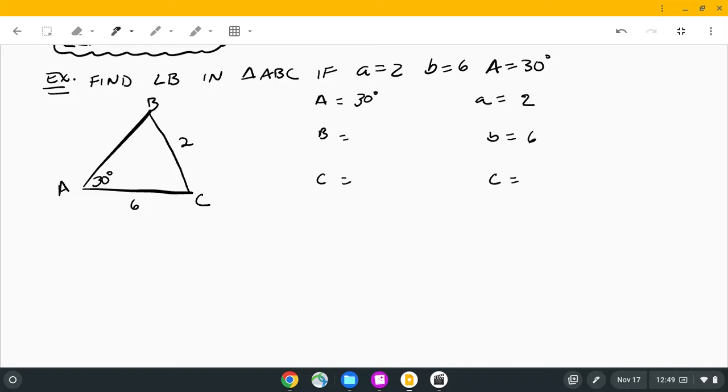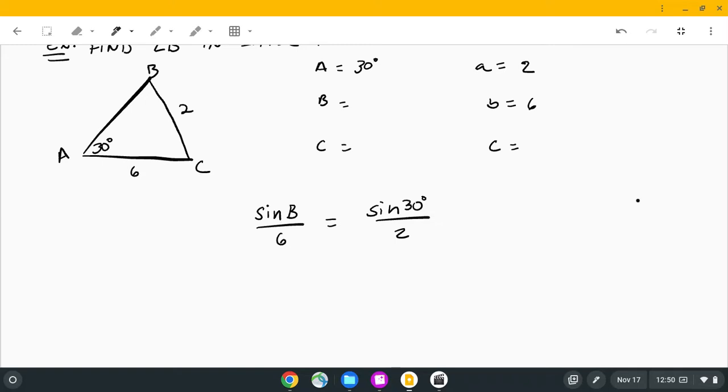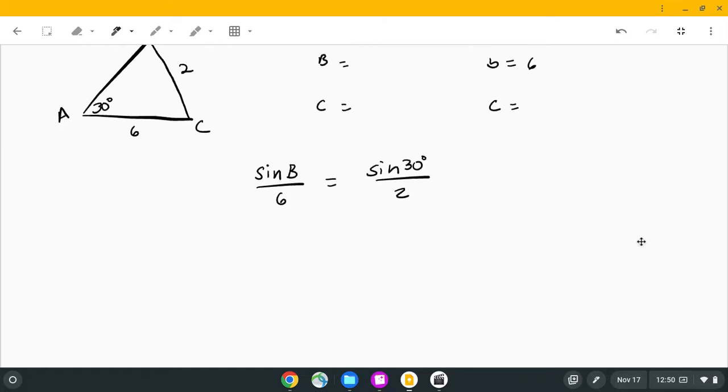So if I'm trying to solve for angle B, then I would use sine B over little b equals sine 30 over little a. Okay, and so let's go ahead and work this out. We know sine 30 degrees is 1/2, so I don't even have to bring in my calculator just yet.